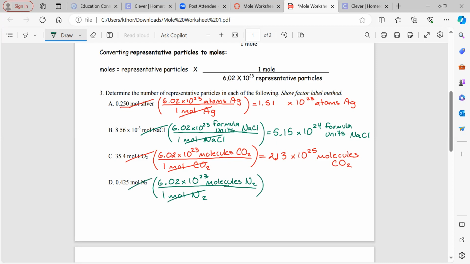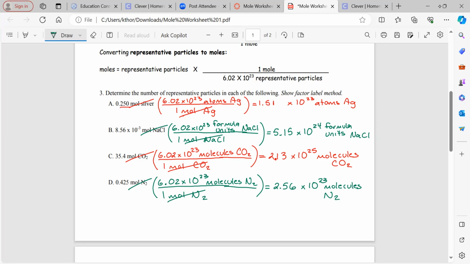Moles cancels out. 0.425 times 6.02. That's going to equal 2.56 times 10 to the 23rd molecules of nitrogen gas.